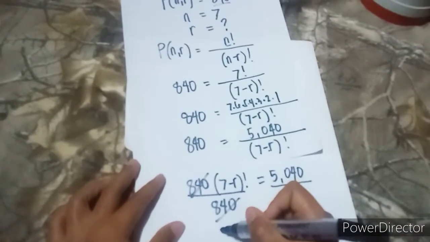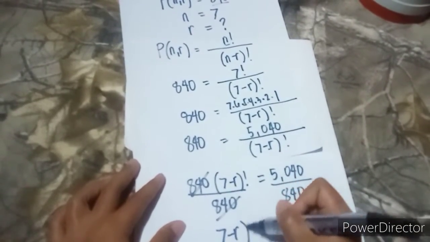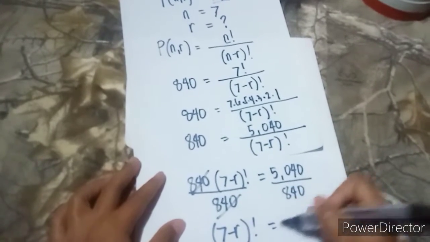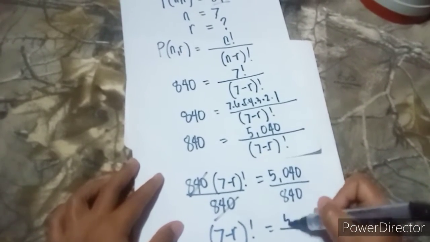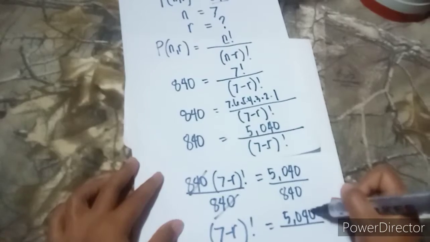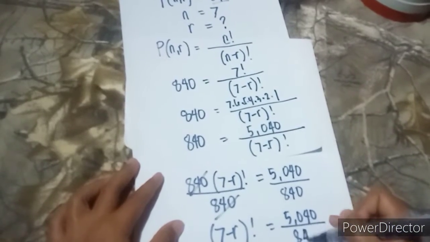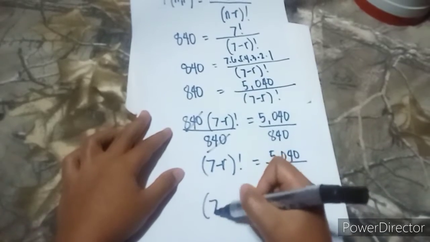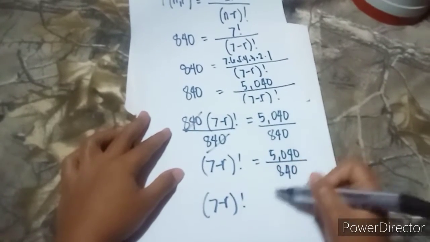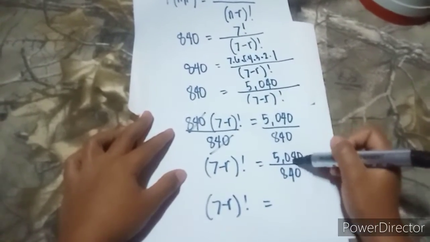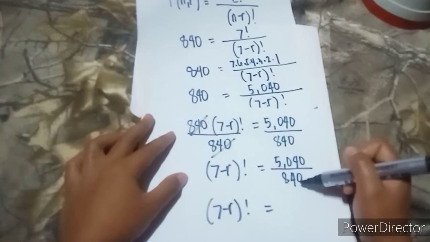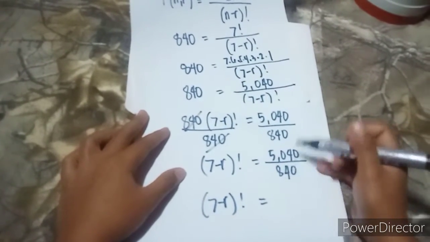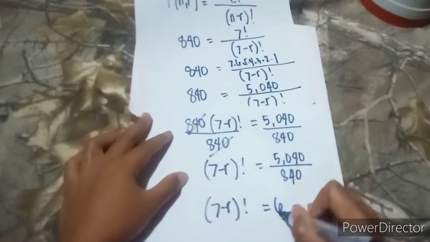Then we have 7 minus r factorial is equal to 5040 over 840, or 5040 divided by 840 is 6.